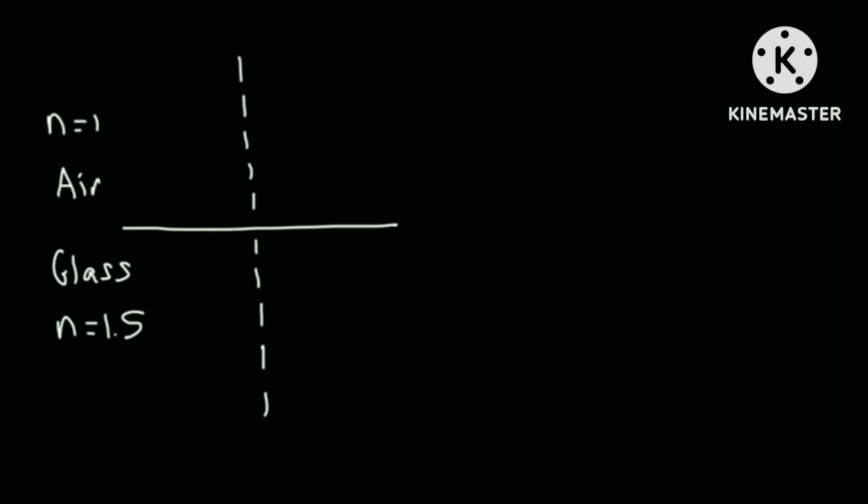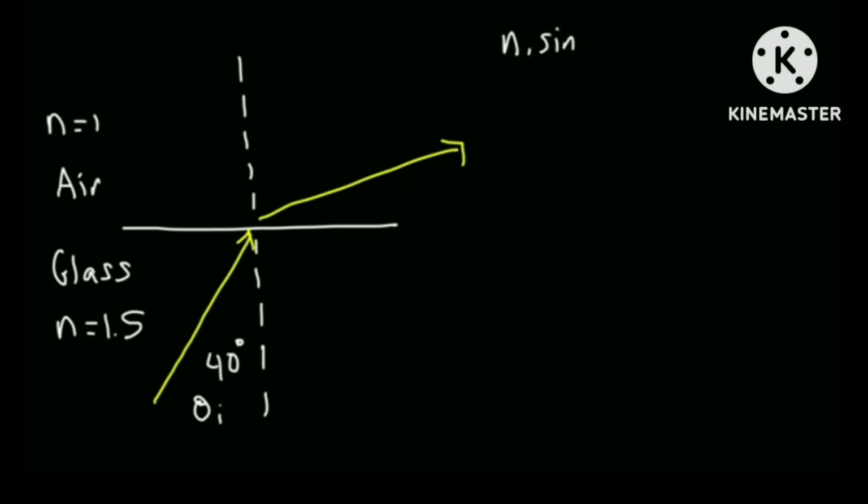Let me make this angle smaller. So I'm going to choose an angle of 40 degrees. So that is the angle of incidence. Now let's calculate the refracted angle. So it's n1 sine theta 1, which is equal to n2 sine theta 2.